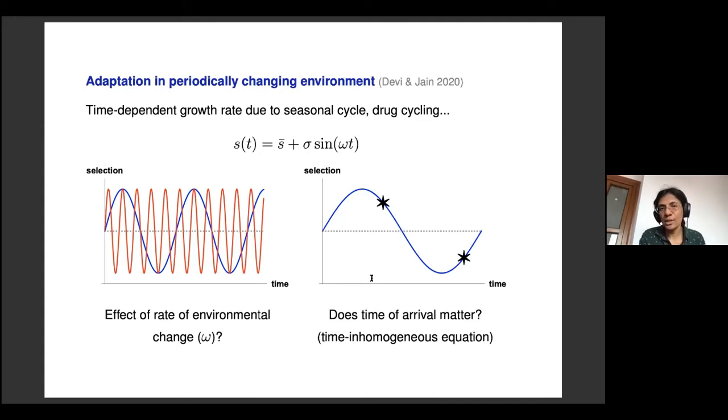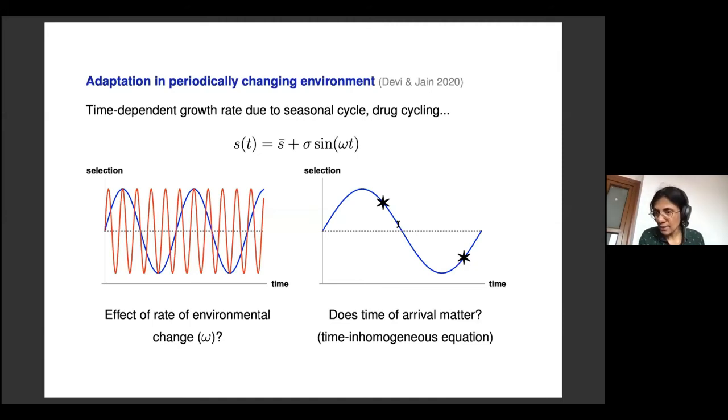Okay, so one can of course come up with a simple model for the selection coefficient, which has several parameters, and one could ask, how does the fixation probability, the chance of survival, depend upon the rate of environmental change? If the environment is changing fast, or slowly, does it depend on that? Well, you expect yes. So how does it depend on it? Does it matter what time the mutant arose? Suppose the mutant arose over here when the selection was going down.